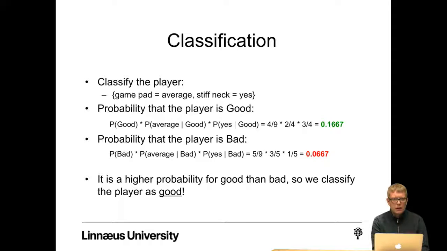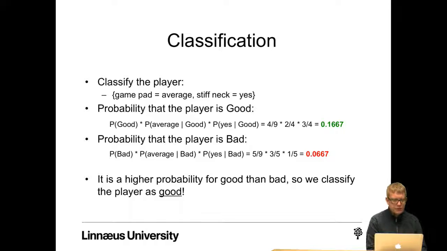And we just look up all these numbers in our table, and we see that it's 4 divided by 9 multiplied by 2 divided by 4 multiplied by 3 divided by 4. And it results in a probability of 0.1667.